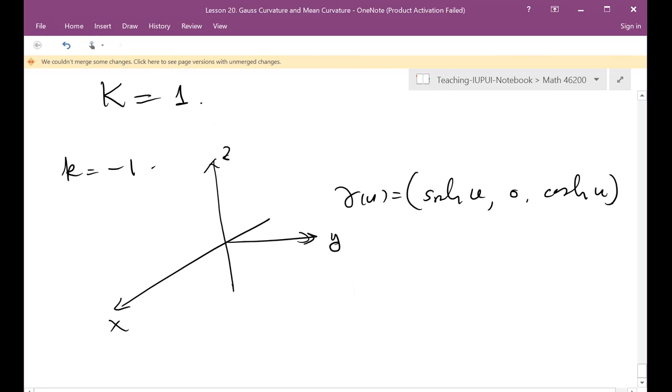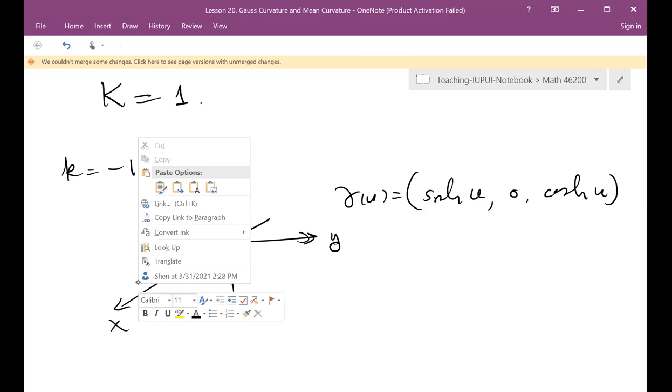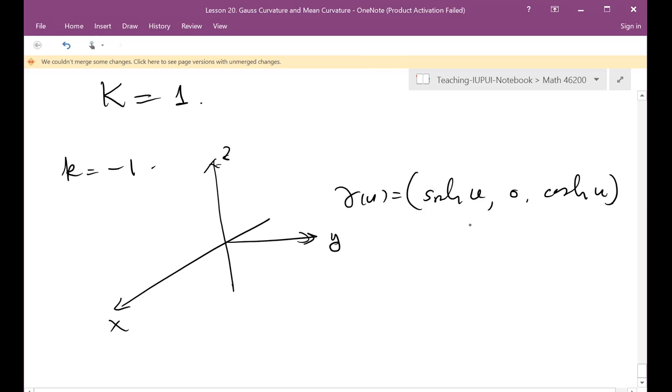All right, so how do you describe this curve? So we let u be positive. Let's try this side.